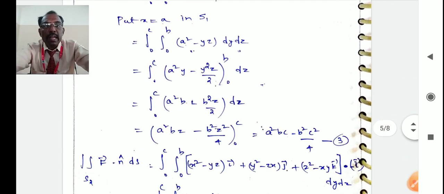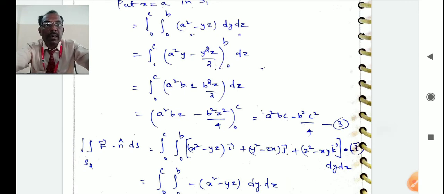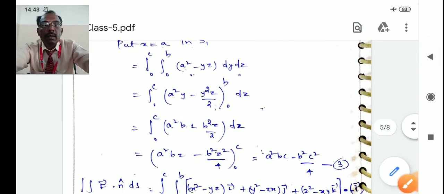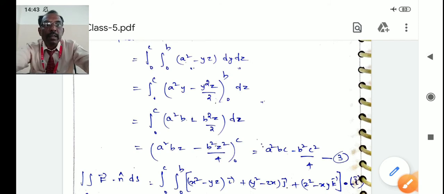Now I'd like to take the integration of a squared minus yz with respect to y. We get a squared y minus y squared divided by 2 into z. Limit is 0 to b. Here y equal to b, we get a squared b minus b squared z by 2 into dz.